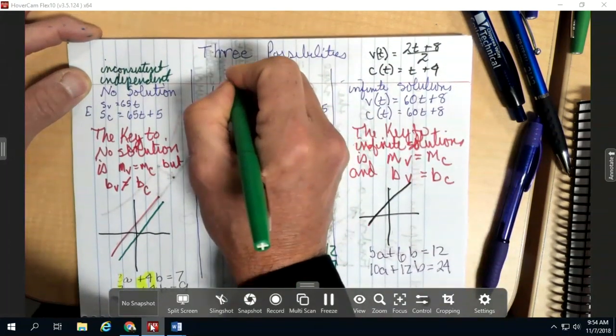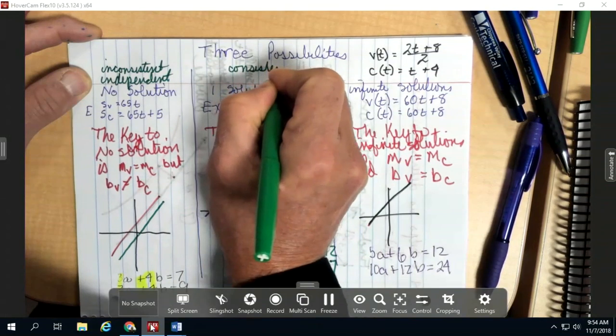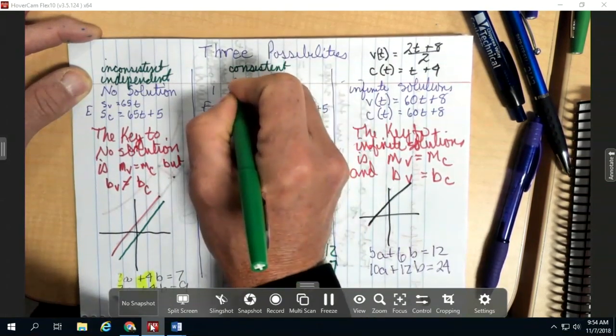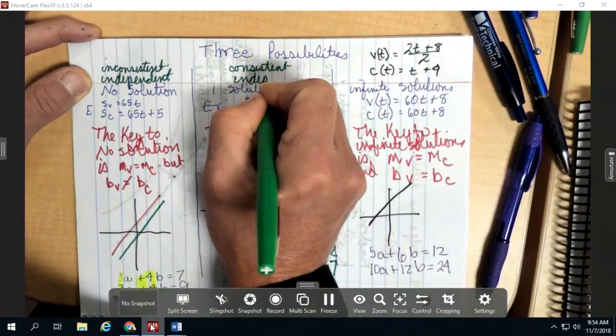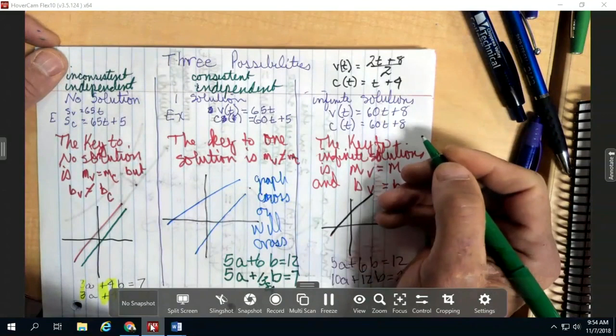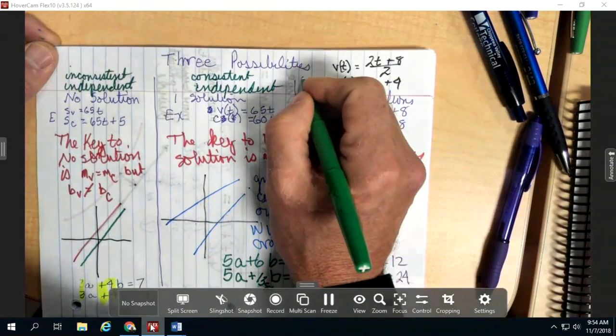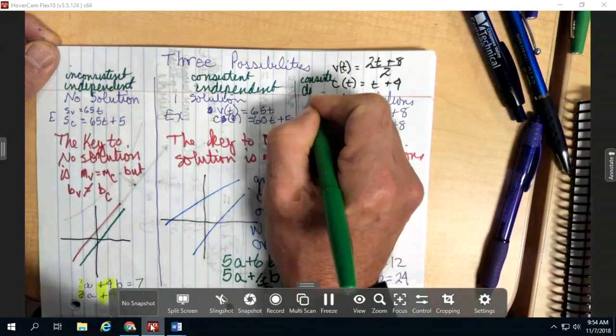We say these two equations are consistent and independent. We say these two equations are consistent and dependent.